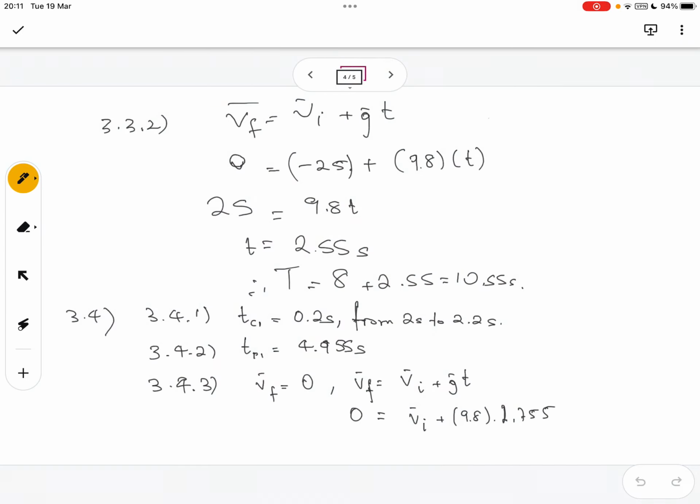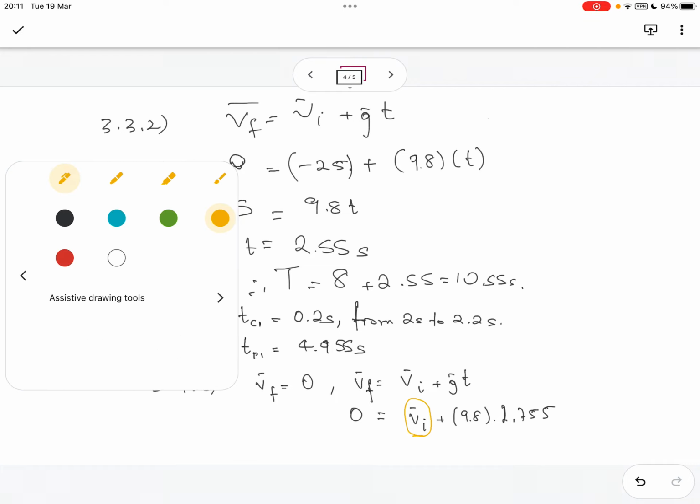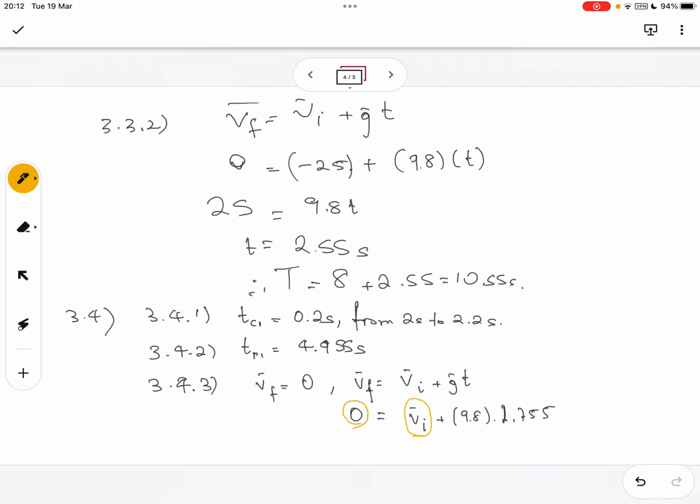At x the velocity is v initial, and at 4.955 seconds the magnitude of the velocity is 0 meters per second.